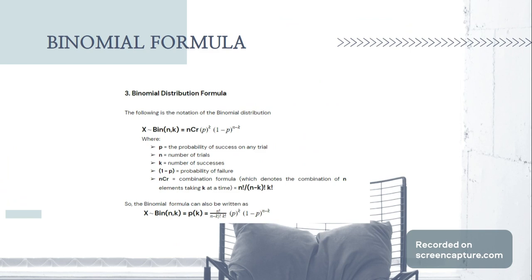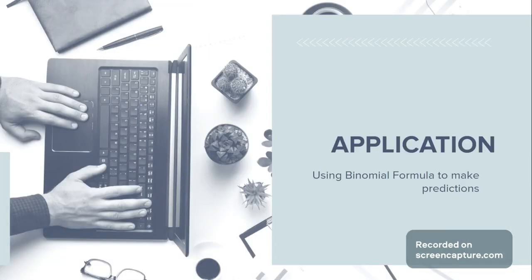So when we replace the combination formula in the first equation, it gives us a new equation of binomial formula. So now we are going to apply binomial formula in two cases.